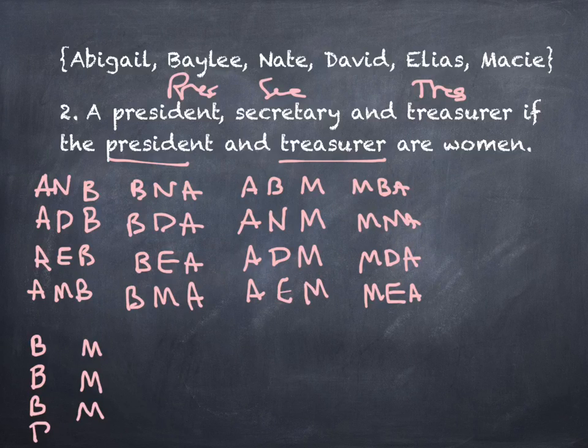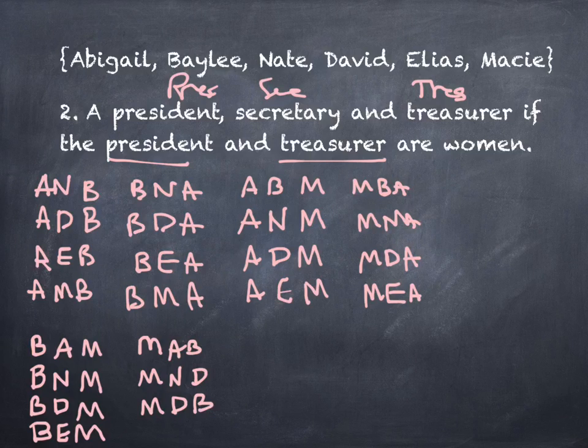All right, so who can go in the middle? Abby or Nate, right? David or Elias? And then we're going to switch the M and the B. So I'm going to have MAB, MNB, MDB, that's a B there, sorry, and MEB.